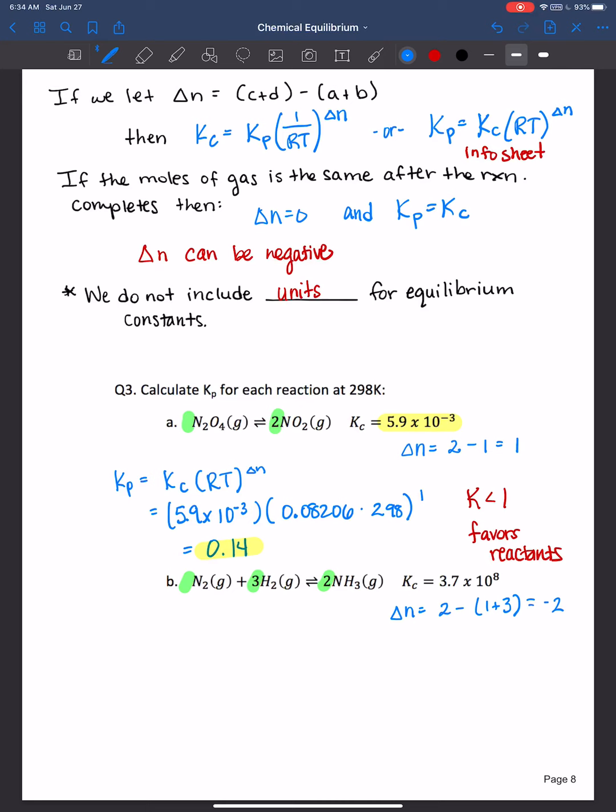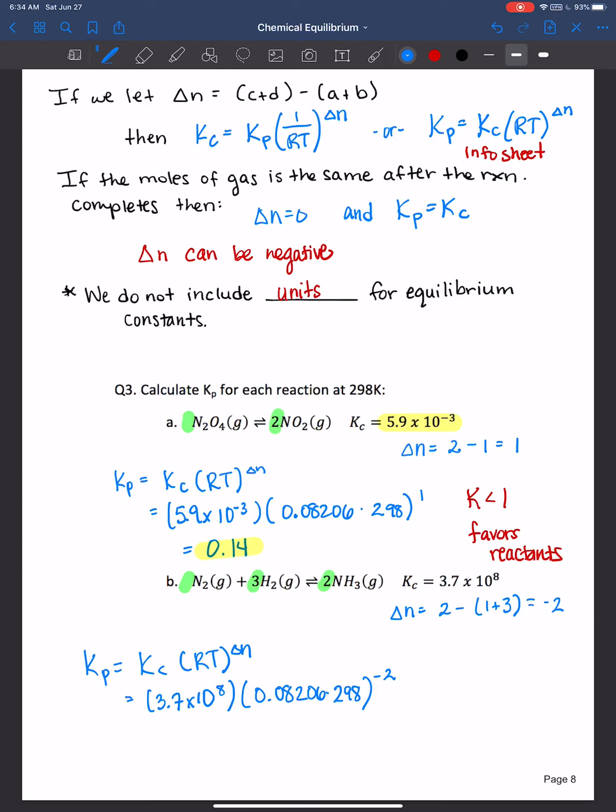So now let's go ahead and put that into our formula. Kc times RT to the delta n. So that is 3.7 times 10 to the 8th times 0.08206 times 298 to the -2. Also, practice plugging this into your calculator.